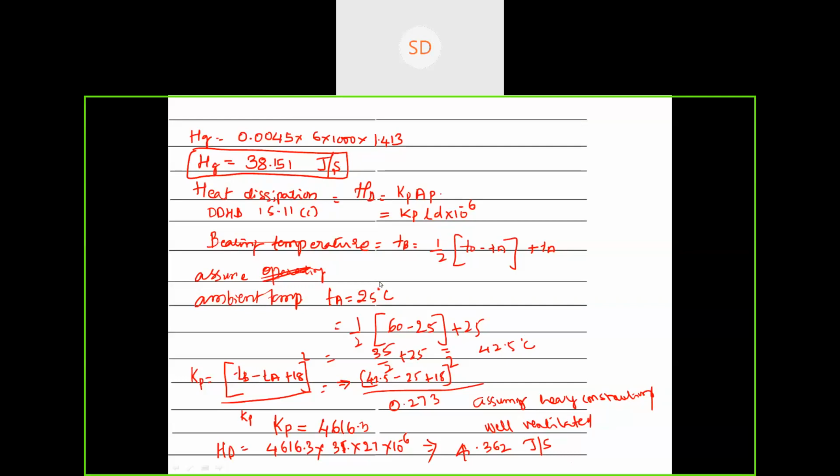So yesterday the calculated heat generated is 38.151 joules per second and heat dissipation is 4.362 joules per second. Now what happens as the heat generated is more than heat dissipation?